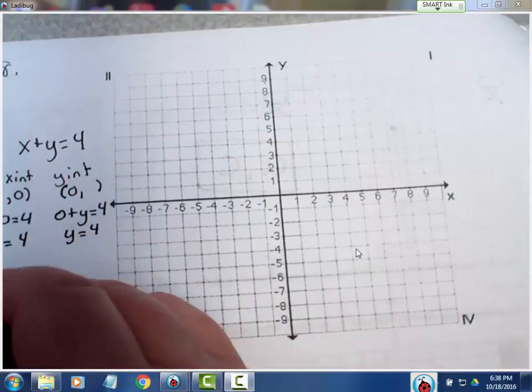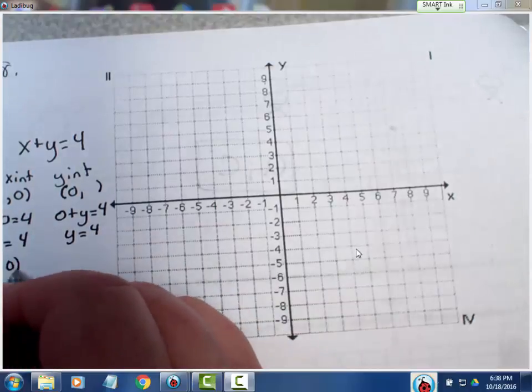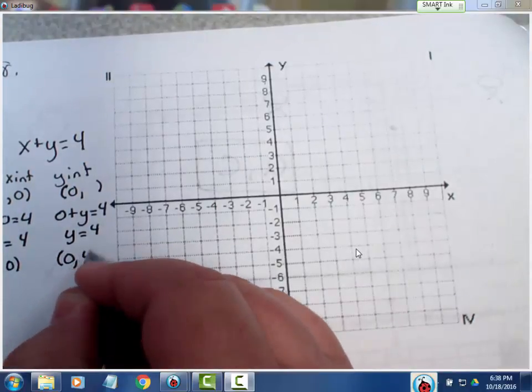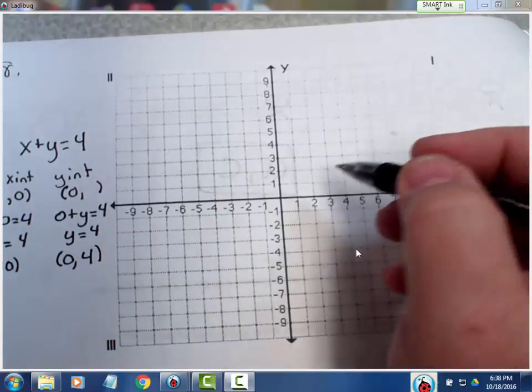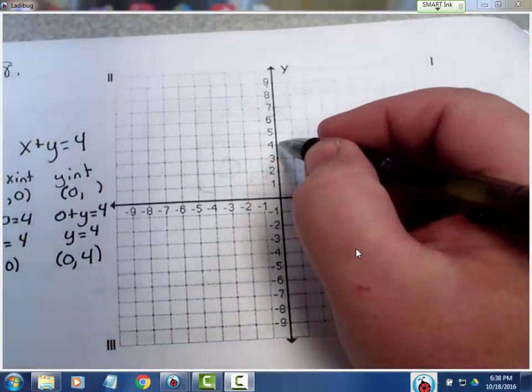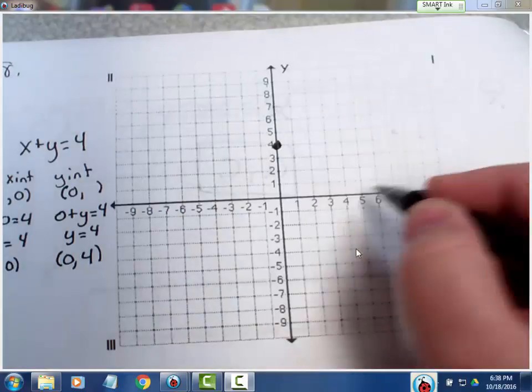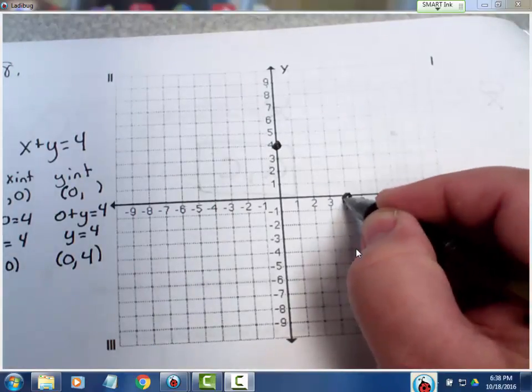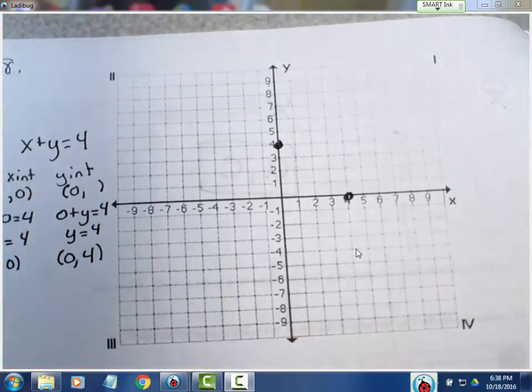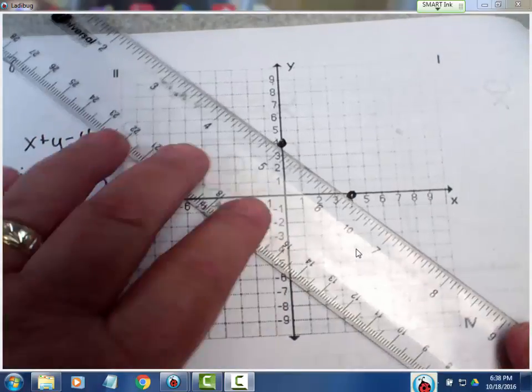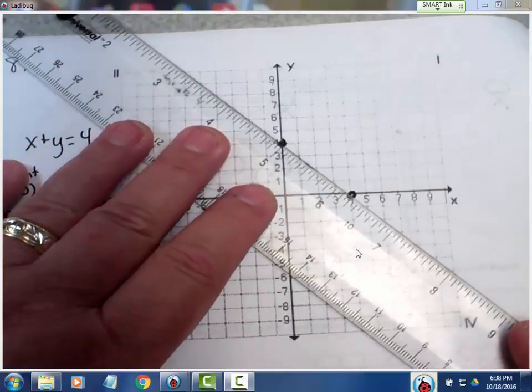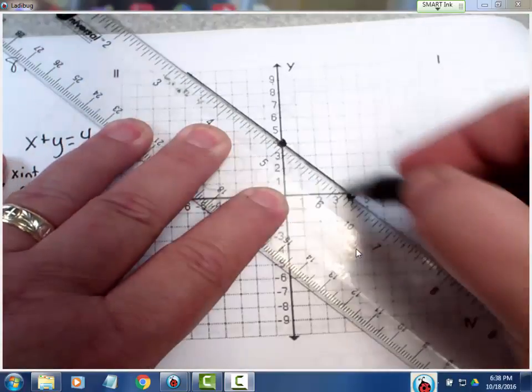So that means we have 4, 0, and 0, 4. So if we want to graph that, we would simply go to positive 4 on the y-axis, positive 4 on the x-axis, and then we would grab a straight edge of some kind, and we would graph our line.